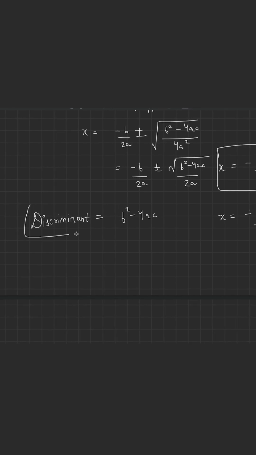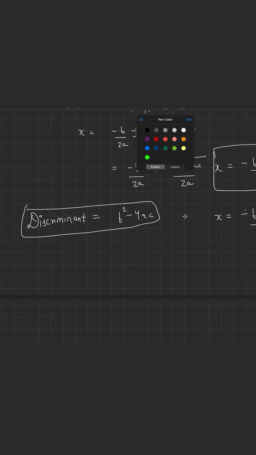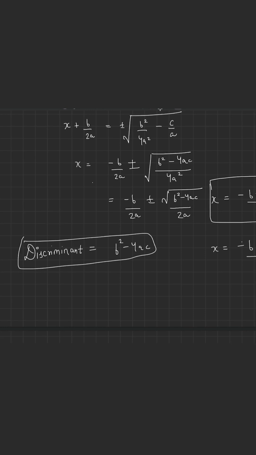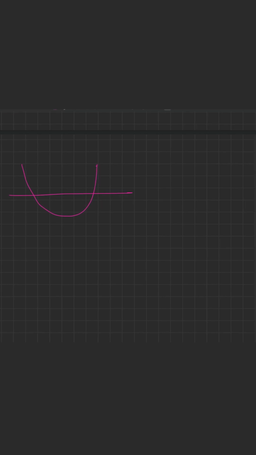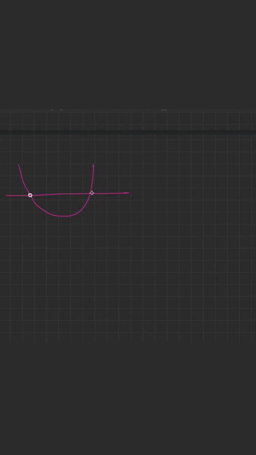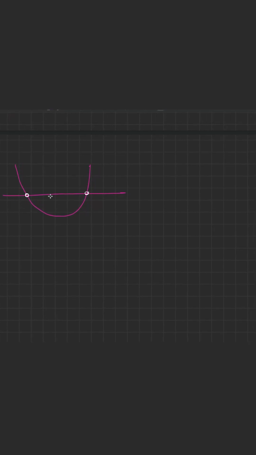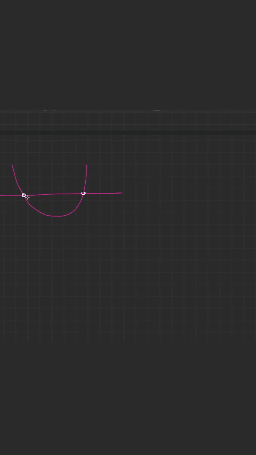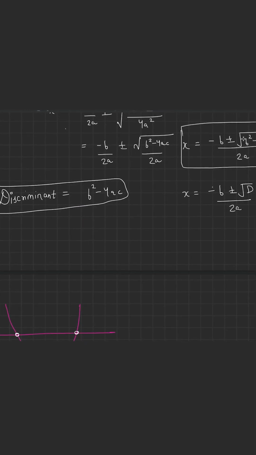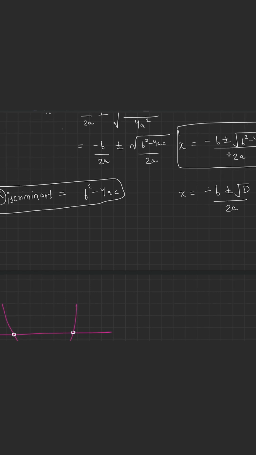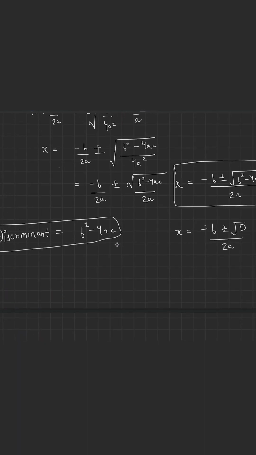So this particular discriminant is very important. Why? Because in order for your x to be real, in order for your quadratic equation or your parabola to get some real roots, to cut it over here, this square root of D has to be greater than or equal to 0. It has to exist. It should not be imaginary. That means there is a condition.